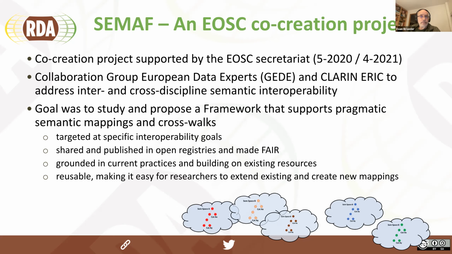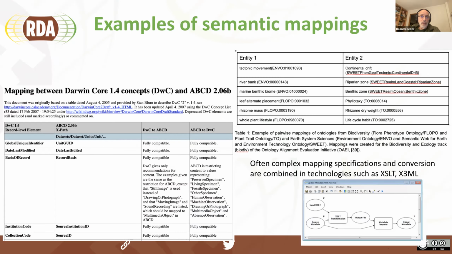Next slide, please. So what kind of mappings are we talking about? Semantic mappings? Well, they can be mappings between entities of different description systems, so ontologies or vocabularies, but often also simply elements in descriptive schemas.